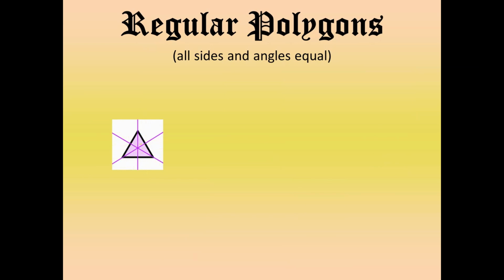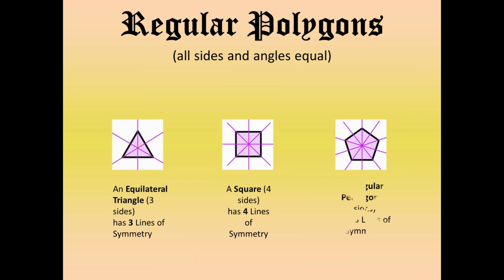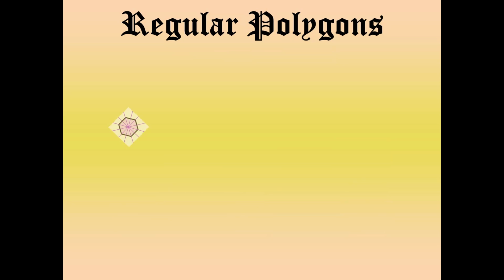Regular polygons, like an equilateral triangle, a square, and a pentagon. Notice that they all have the same number of lines of symmetry as they have angles or sides. Here's another example. We've got a hexagon.